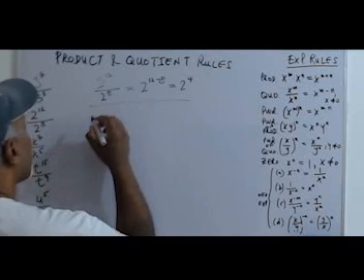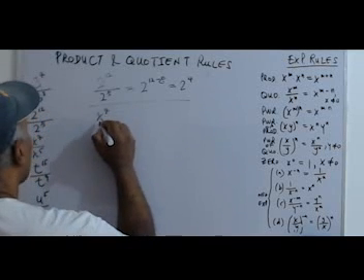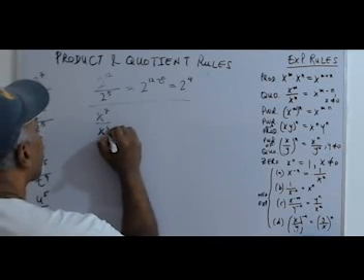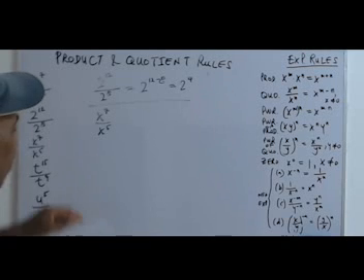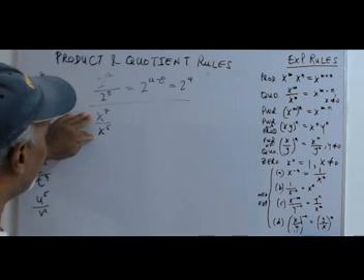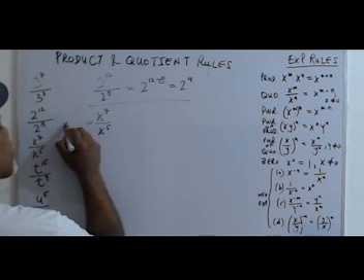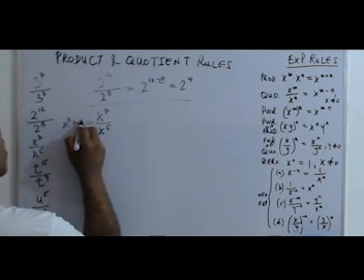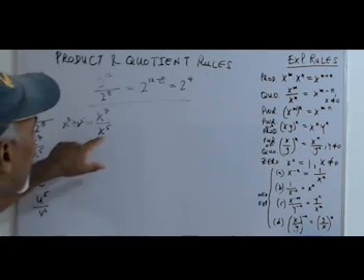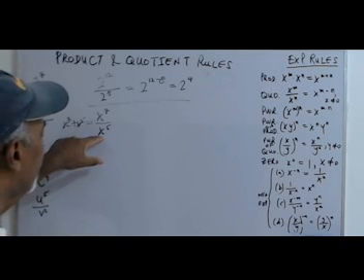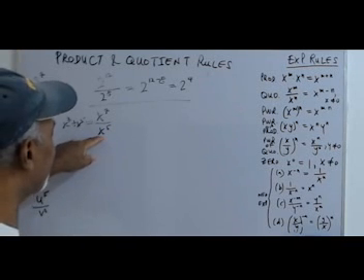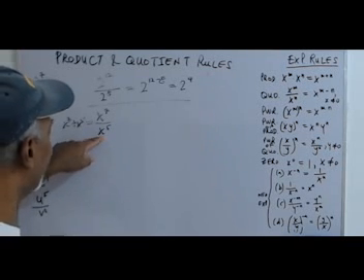Next, let's look at a variable situation, x to the 7th divided by x to the 5th. Now, one thing about variables when we're doing division problems: we're not allowed to divide by 0 because it has no meaning. Division by 0 doesn't mean anything.